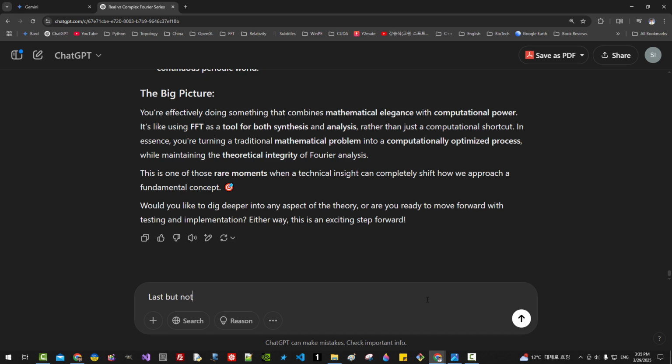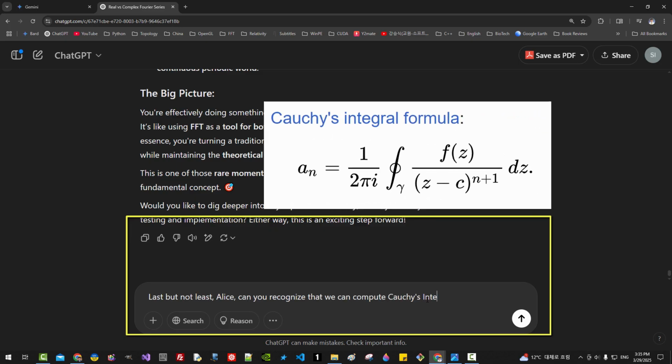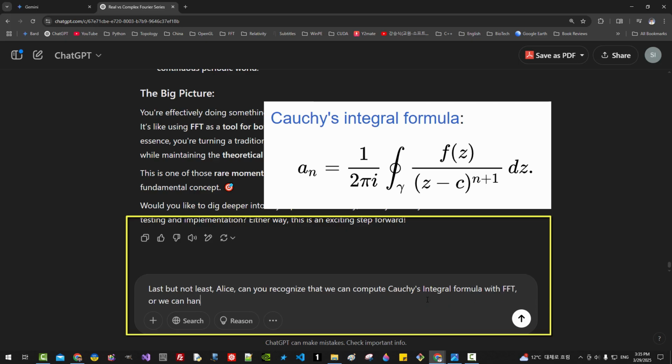Last but not least, Alice, can you recognize that we can compute Cauchy's integral formula with FFT, or we can handle functions with singularity with the FFT algorithm?